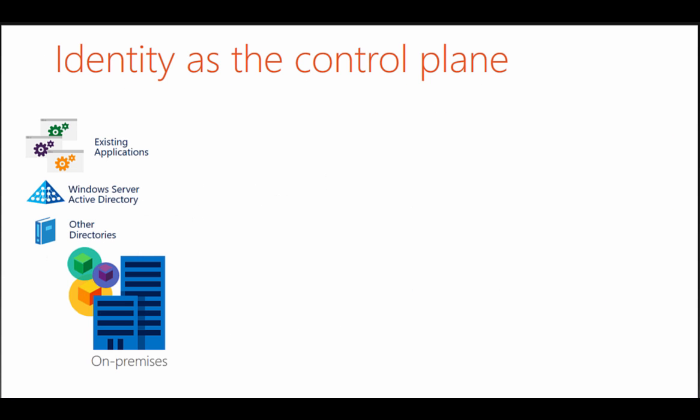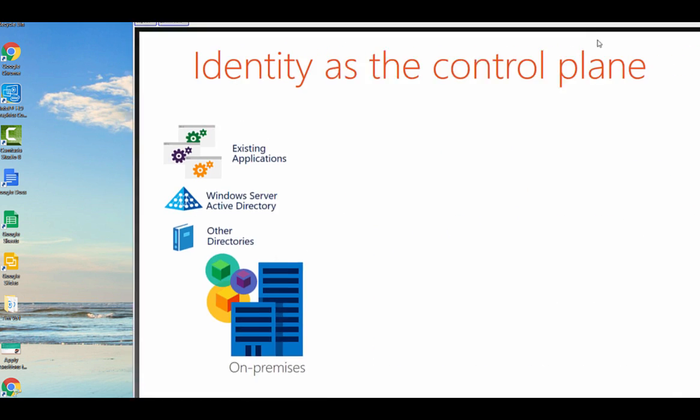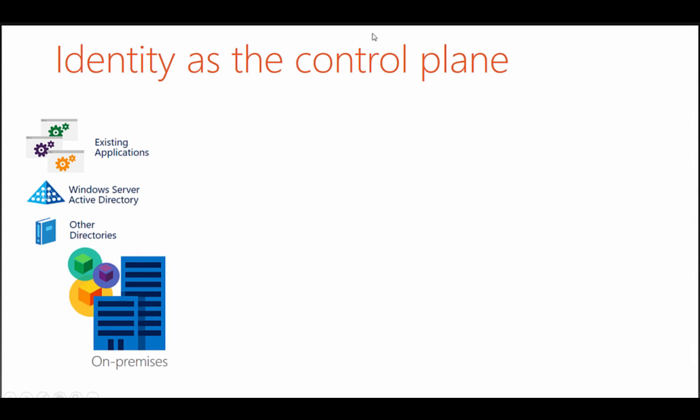Microsoft has moved forward with this strategy of using identity as the control plane. By control plane, we mean we're looking at our on-premises organization, existing applications, your Windows Server Active Directory, other directories that may be in place, such as GroupWise, Lotus Domino, things of that nature.